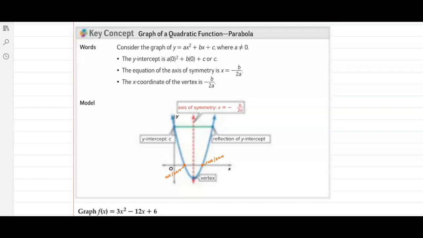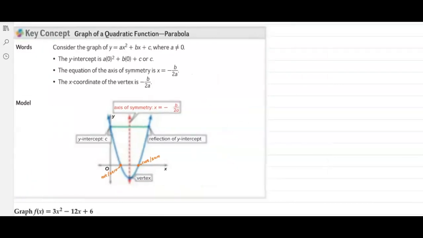Typically, 5 points is recommended. And not just any 5 points, because think, if I have these 5 points right here, that's going to be very hard to tell where the parabola shape is going. I need to have maybe these 5 points so that I can then draw the proper curve.